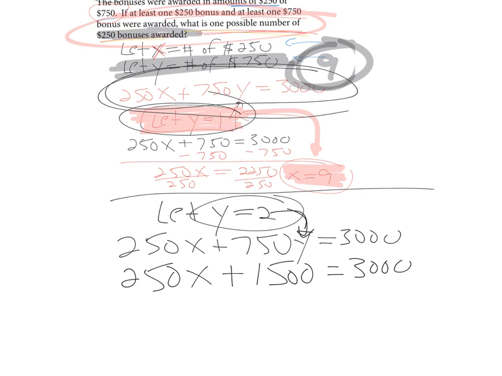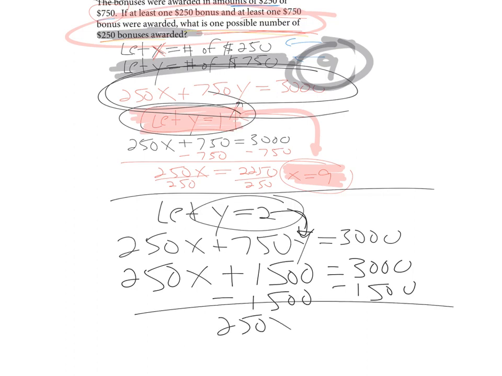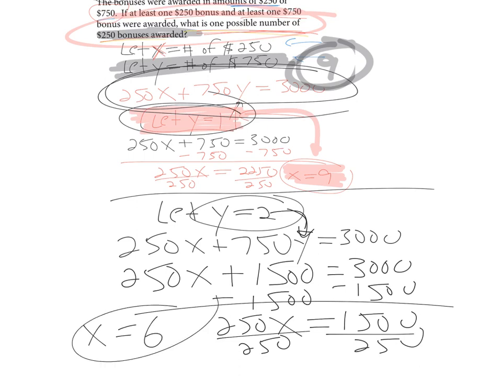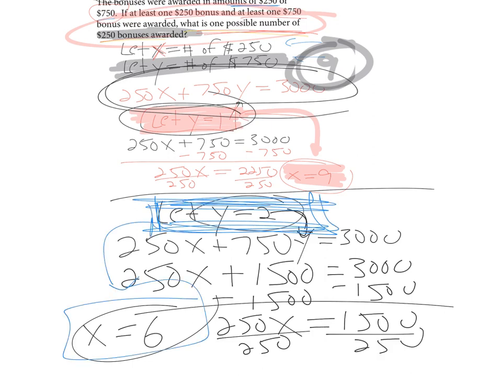That has to equal 3,000. And now if I solve for x by subtracting 1,500, I get 250x equals 1,500. Or if I divide both sides by 250, I get another acceptable answer that x is going to be equal to 6. So it could have been two $750 bonuses and 6 $250 bonuses.